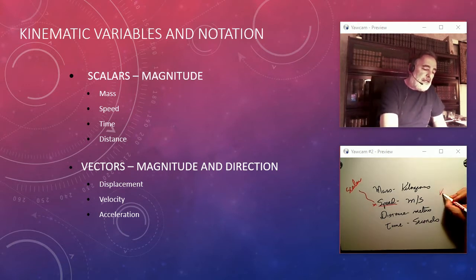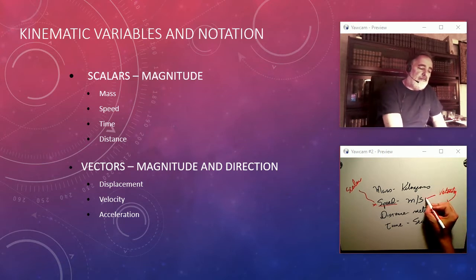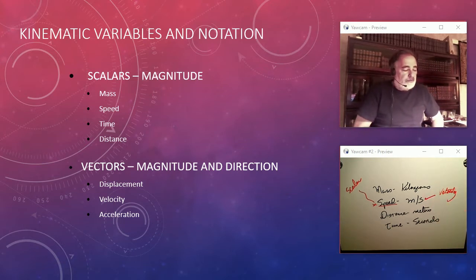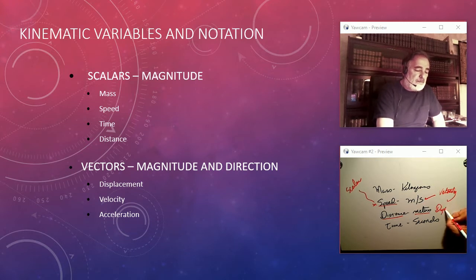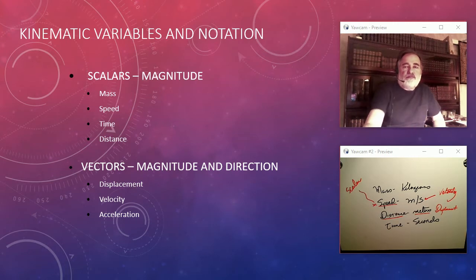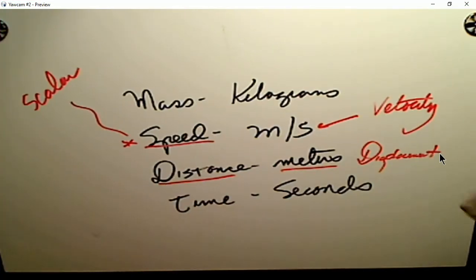Velocity would be the same units, meters per second. But instead of using meters in terms of distance, we talk about displacement. Might be better to just give you an example here.